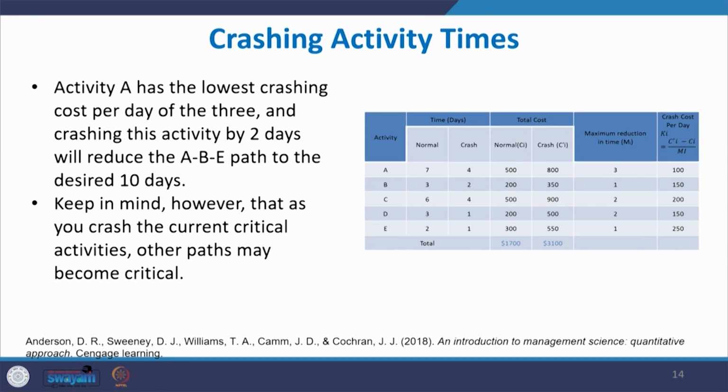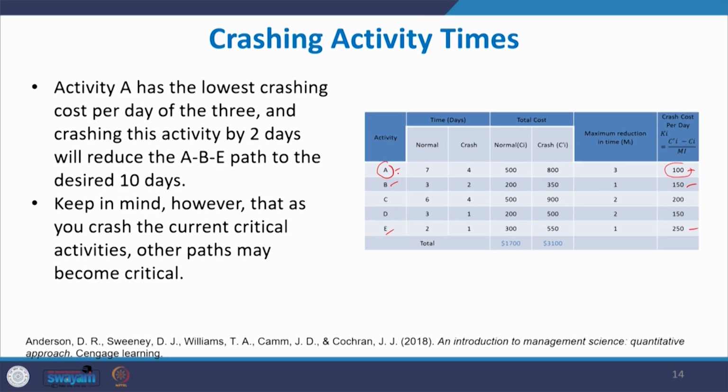Among the critical activities A, B, E, the corresponding crashing costs are 100, 150, 250. The lowest crashing cost per day is 100 rupees, that is for activity A.